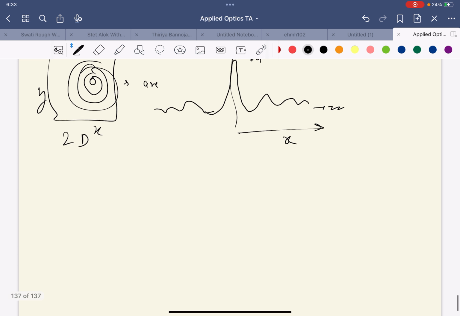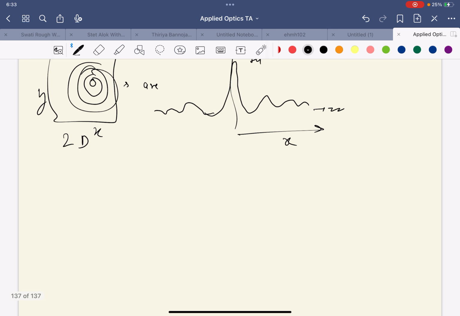So this far field distribution I(r) from this aperture, as a function of radial distance, maybe sir has described it to you.